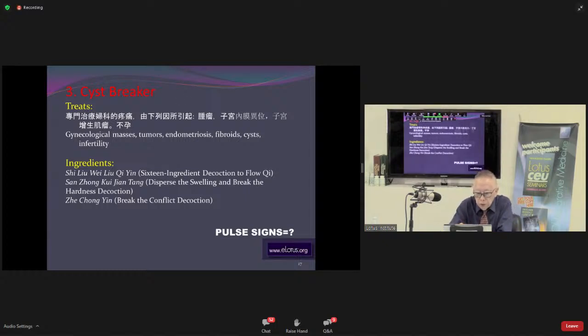For this endometriosis, the pulse will be like this. On the left-hand side, 寸关尺, the 尺 area, you will have a very strong needle pulse, very thin and long.